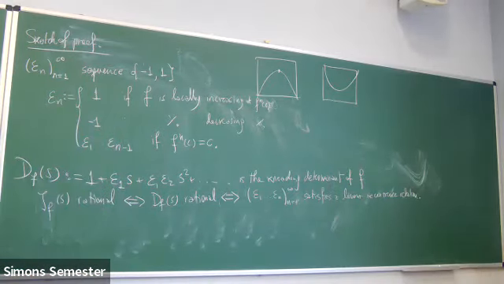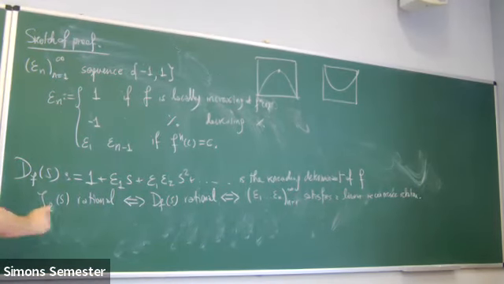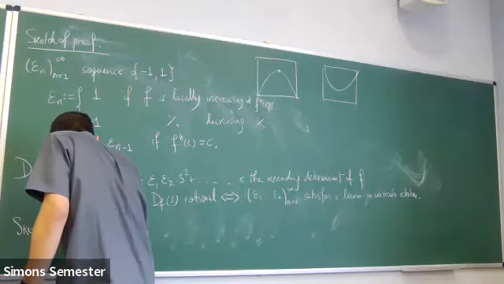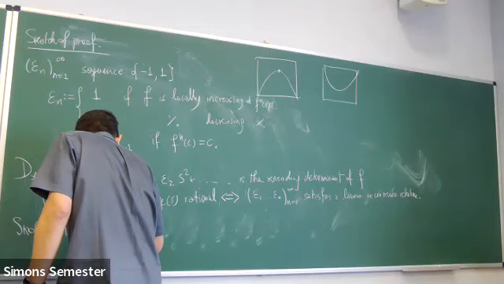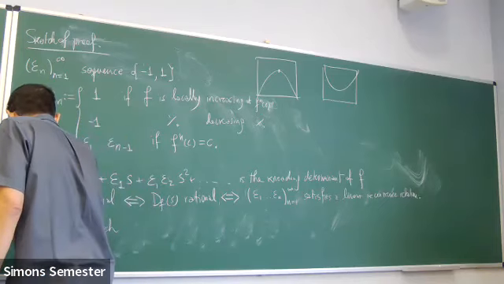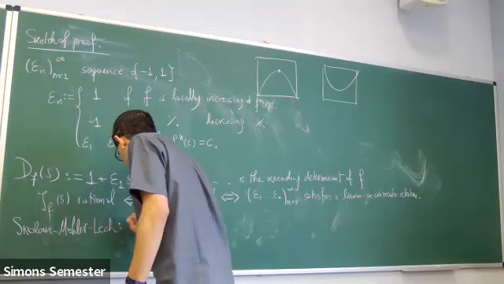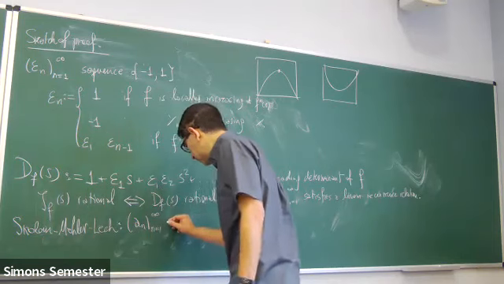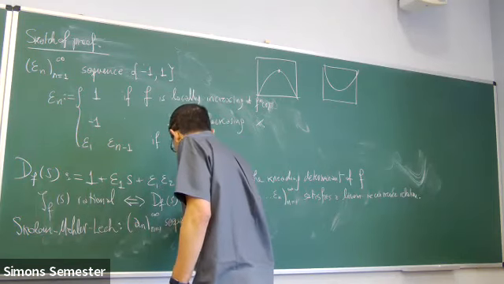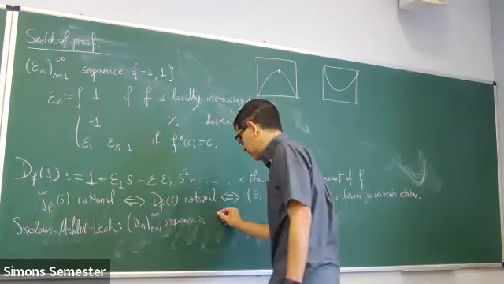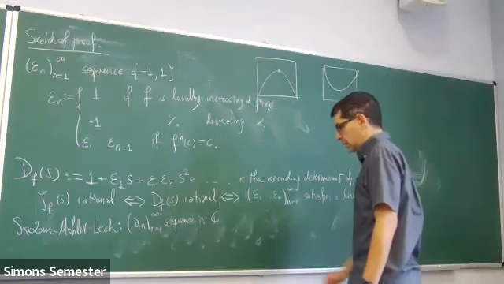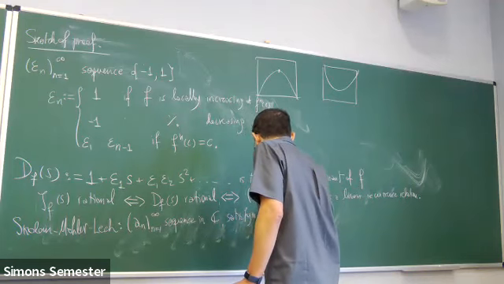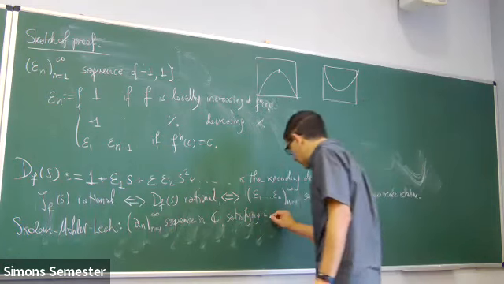We could apply this theorem by Skolem, Mahler, and Lech, which says the following: we have a sequence of complex numbers satisfying a linear recurrence relation.